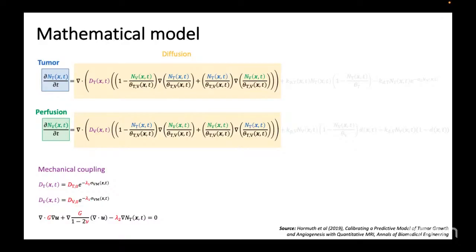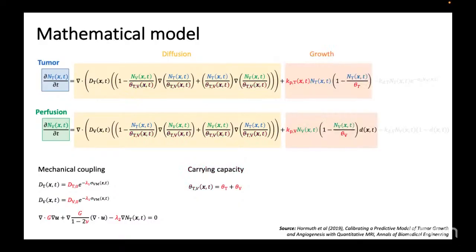We consider that the tissue is a linear elastic solid. And also we consider that the carrying capacity is affected by both tumor and vasculature. Then we have growth terms, which are logistic terms, only that in the perfusion equation we have a non-locality that accounts for the distance to the tumor center, so that vasculature angiogenesis occurs in the periphery of the tumor instead of in the center.